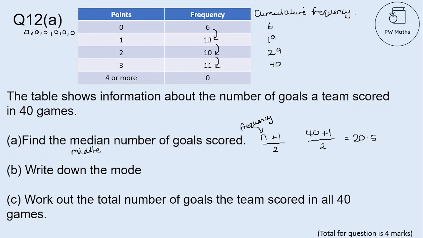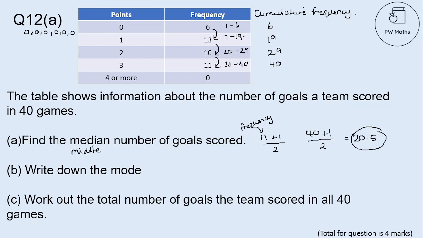This is pieces of data 1 to 6. This is pieces of data 7 to 19. This is pieces of data 20 to 29. And this part of the table is pieces of data 30 to 40. So we need to find where 20.5 would fit in. Well, it's not going to be here. It only goes up to data piece 6.